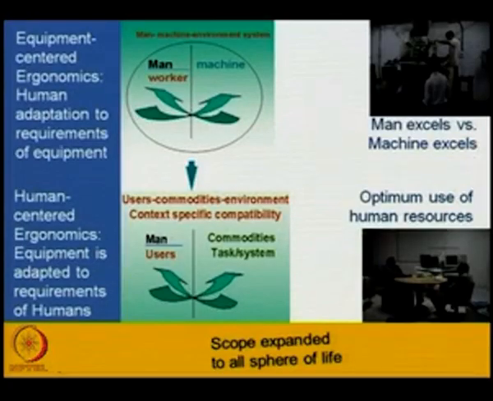Now, from the origin time until now, in the way ergonomics is being used, some shift is seen. The first is that the man-machine-environment system was developed, where man, machine and environment interaction was there. Man was considered as worker.